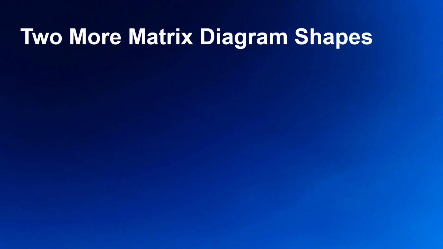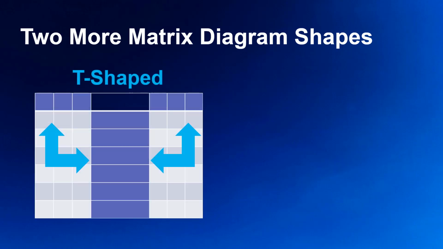For this pair of matrix diagrams, we have multiple data groups, some of which are not related to each other at all. The T-shaped matrix has an L shape embedded in it on its right wing, but also has another group of data on the left wing, much like the lower part of the Y-shaped matrix. However, the first group is not related to the third group.